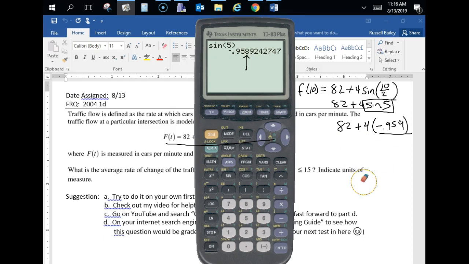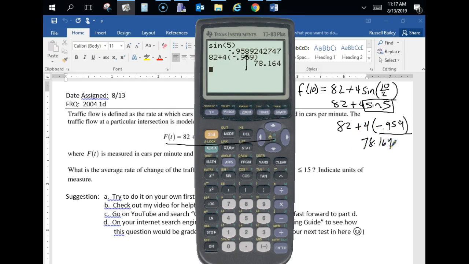I'm just going to type what you see there into my calculator. So it's going to be 82 plus 4 parentheses negative. Don't get the negative and the minus sign mixed up. They are different. 0.959. And there's our final answer, 78.164. Okay, so if you plug in 10, you're going to get 78.164.